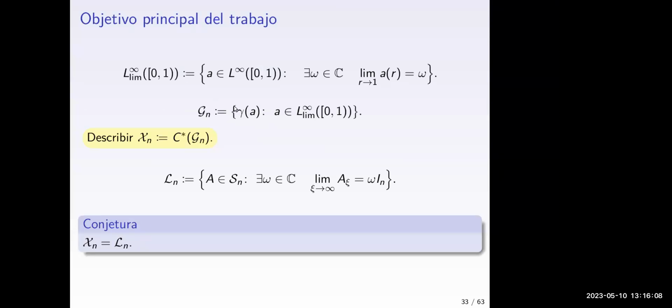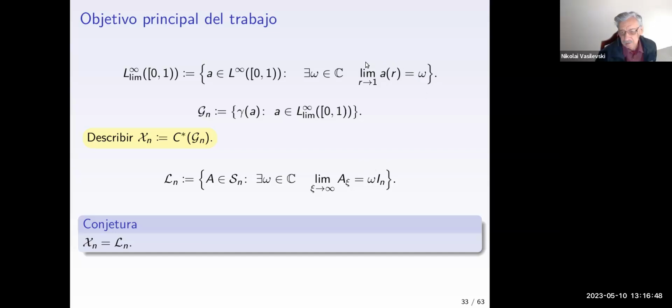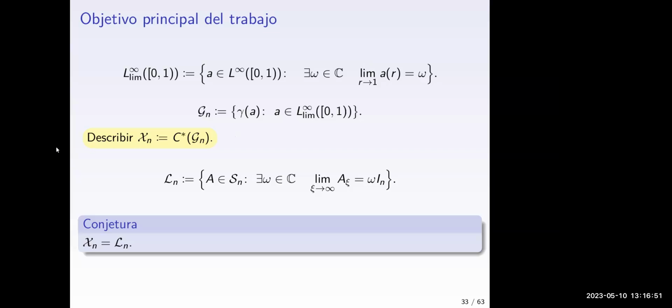And we just want to know what the C-star algebra generated by these gammas is. It is equal to this Ln, the set of functions that in the limit are a scalar multiple of the identity.